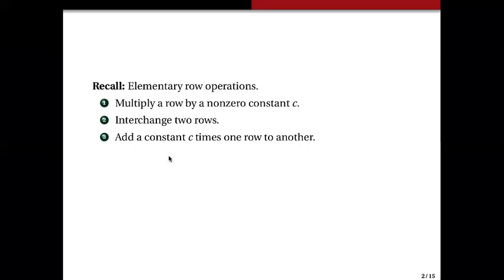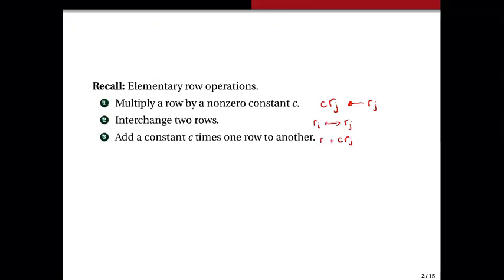So for example, here you have a non-zero constant C multiplied to, say, row J. This will become your new row J. You interchange two rows: you have row I, and you interchange it with row J. And here, you add a constant times row J to another row.